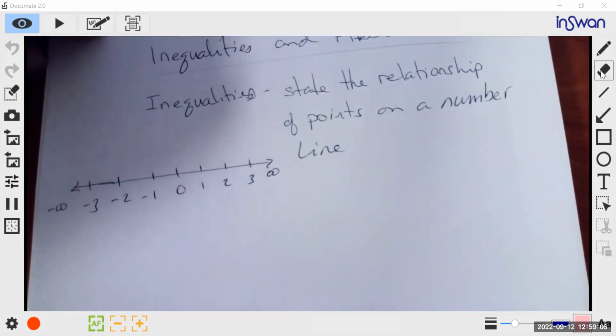So a number line goes from negative infinity to positive infinity horizontally, and vertically the same thing. Down is negative infinity, up is positive infinity.